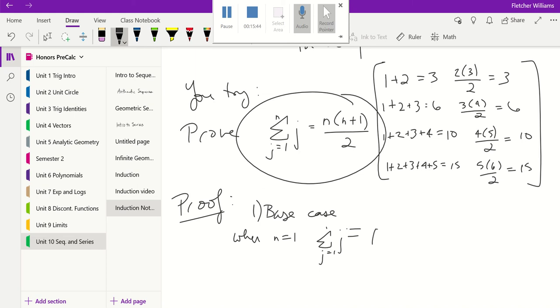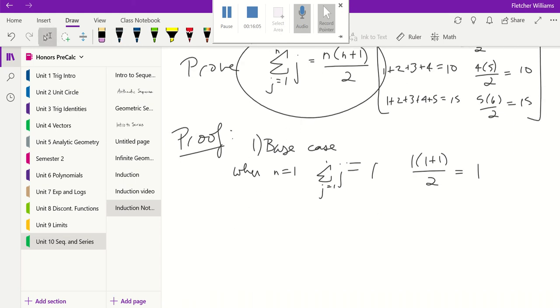The first 1 integers is 1. And then if you plug 1 into the formula, 1 times 1 plus 1 over 2 does in fact equal 1.